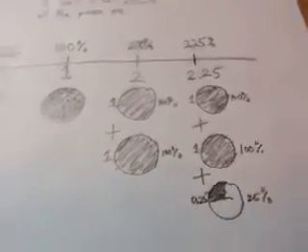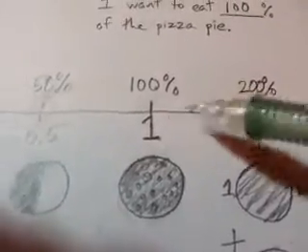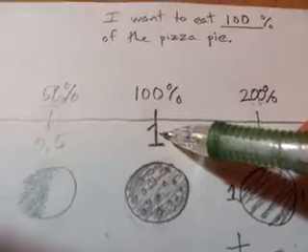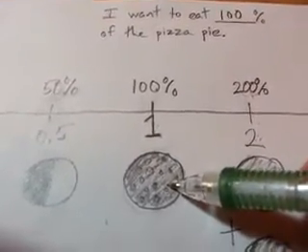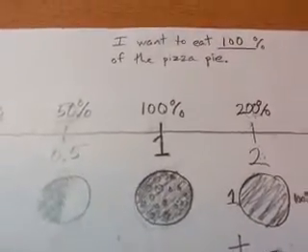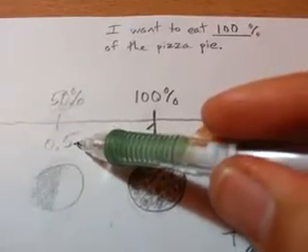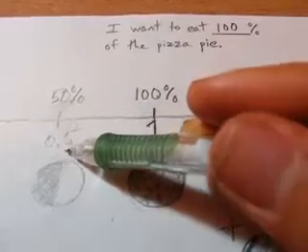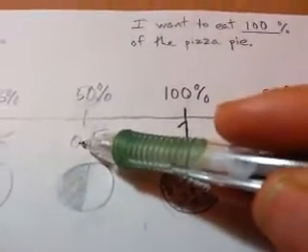So the idea here is that I start with 100%, right? That represents 1. But then, almost always, I'm not talking about only the 100% of the pizza, right? Sometimes I want to eat less, which represents a decimal. It's less than 1, it's 0.5, right? That means that I only have a fraction. It's a decimal, I don't have any whole parts here. It's 0. I don't have a whole pizza.